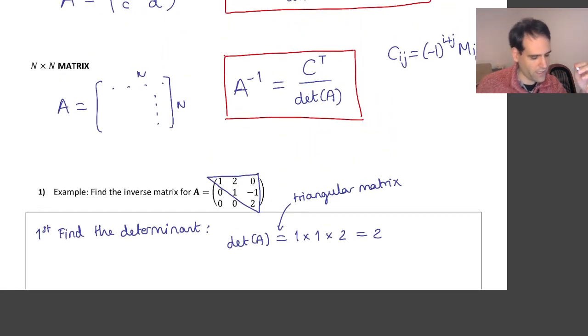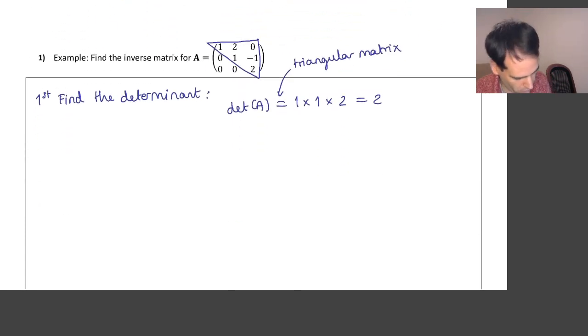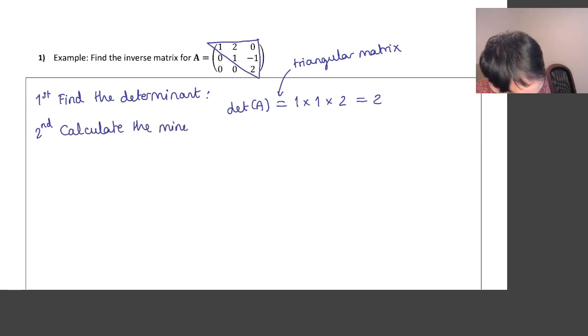So we have the determinant. Next, we need the cofactor matrix, and for that, we need the minors. So second step, calculate the minors. Let me draw the matrix here again.